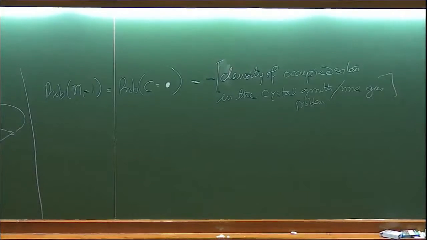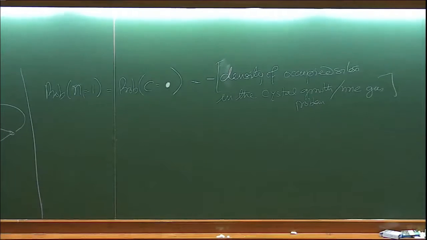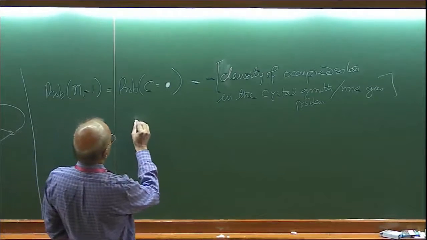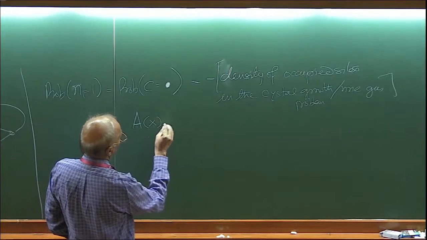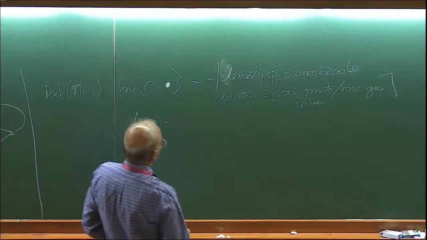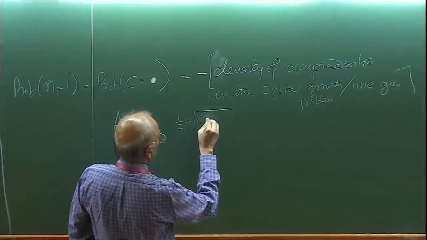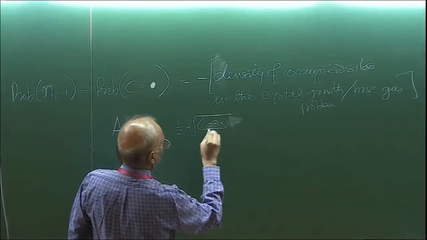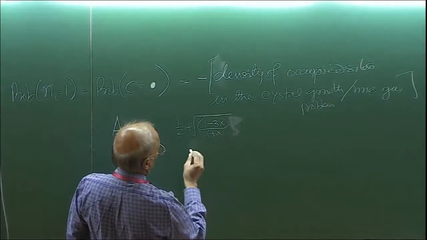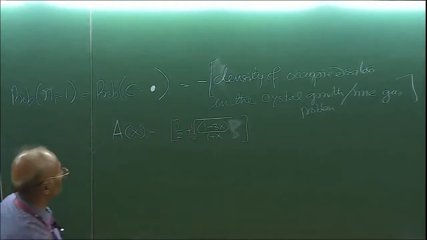Okay? So there, of course, I know the partition function. We worked it out last time in terms of some square root of 1 by 4 plus z something. So I know the expression for rho. So I know A of x is equal to 1 by 2 plus square root of 1 minus 3x, okay, just substitute and this is what you get, with a minus.